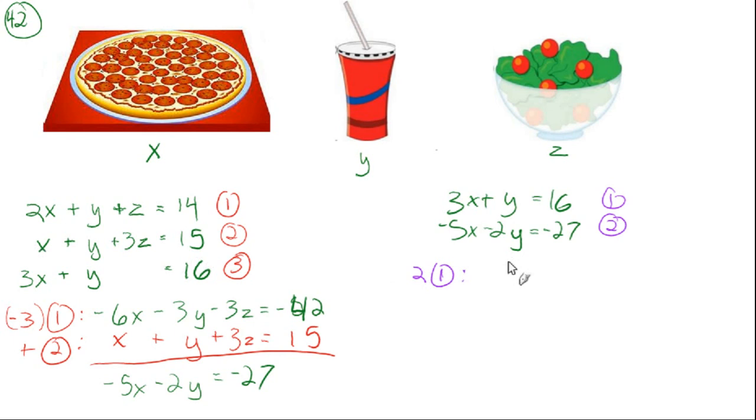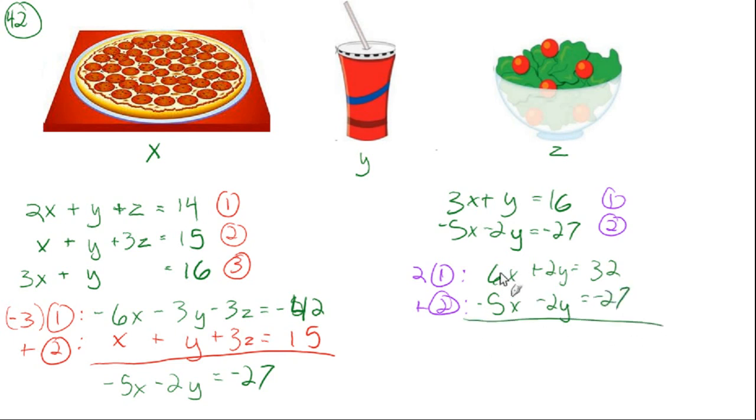That's going to be 6x plus 2y equals 32. And then just add equation 2, which is negative 5x minus 2y equals negative 27. 6x minus 5x is x. 2y minus 2y is 0. And 32 minus 27 is 5. So x is 5. So the cost of a pizza is $5.